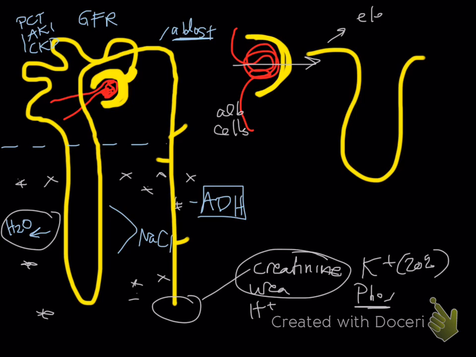So all of those electrolytes, water, amino acids, glucose, all of those things that you don't want to lose, and you want to concentrate your urine. So you reabsorb things, you concentrate your urine by reabsorbing water, and you do secrete some things. And so those are all, when we talk about our various renal functions, I'm going to kind of review azotemia quickly as well. But that's what we're talking about, tubular function versus glomerular function.